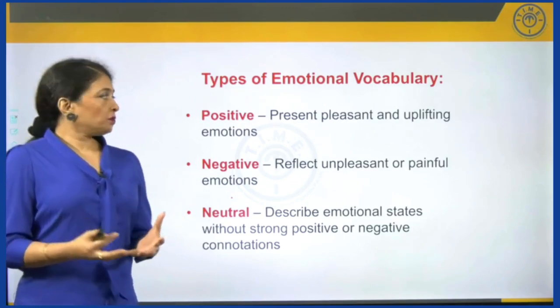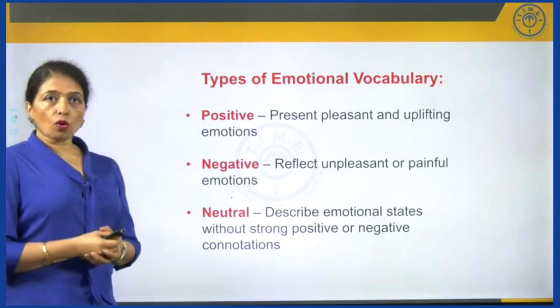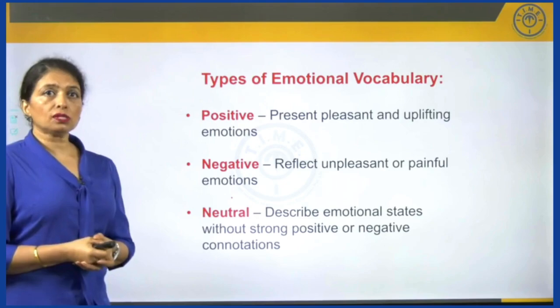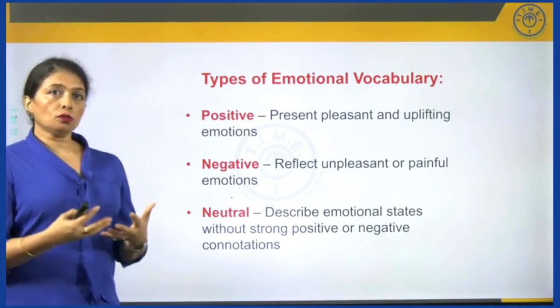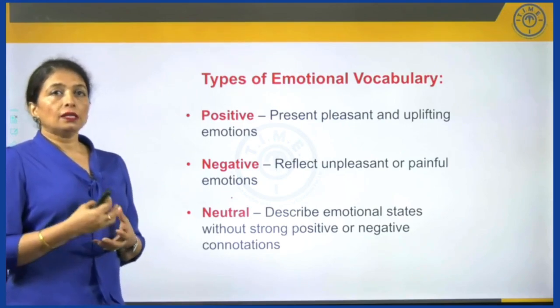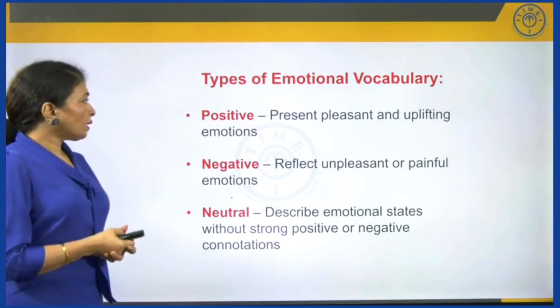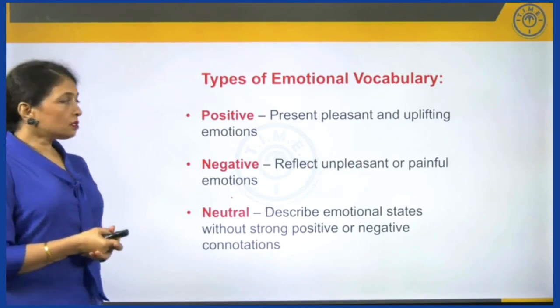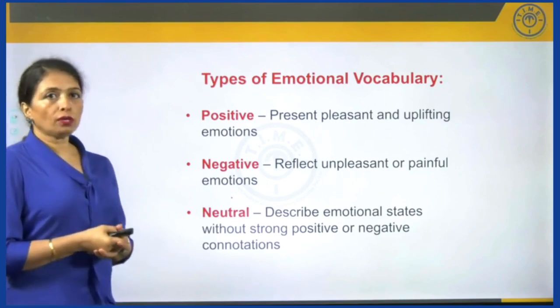Then we have the negative ones, of course, that a lot of us experience, and we also need to have those words in our kitty to help express those feelings. Negative emotional vocabulary reflects unpleasant or painful emotions.